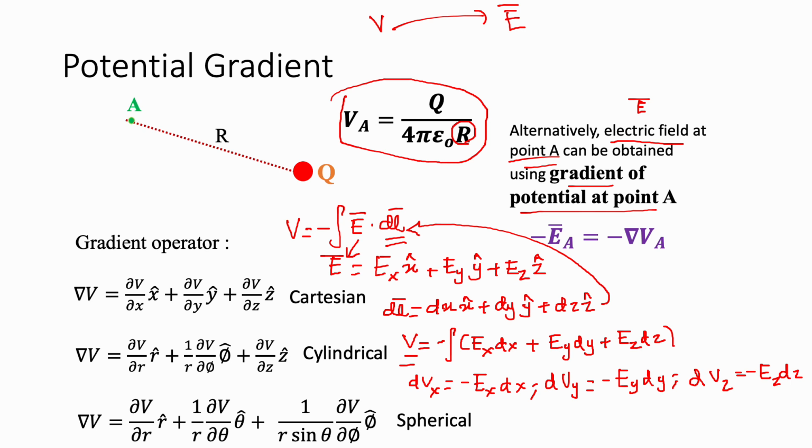Now our objective is to get the electric field. I don't have enough space down here, so I'm going to write up here. In the x component, your Ex will become negative dVx over dx.